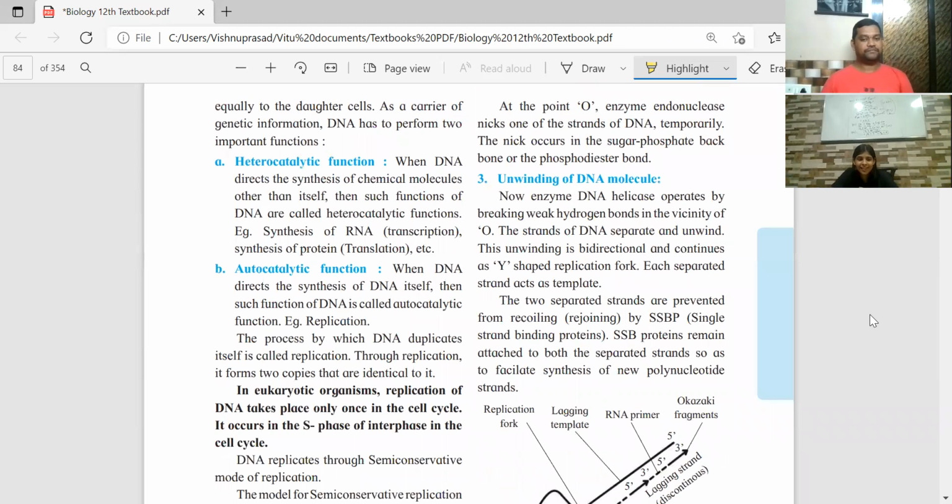What is the function of a DNA? DNA is the one that contains genes which control heredity, which gives rise to certain characteristics. So when you talk about the functions of DNA, they are of two types. One is heterocatalytic function.